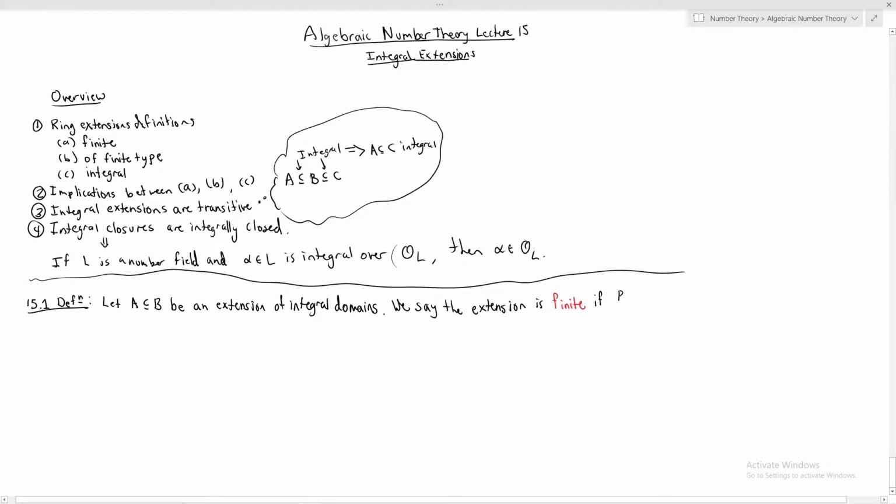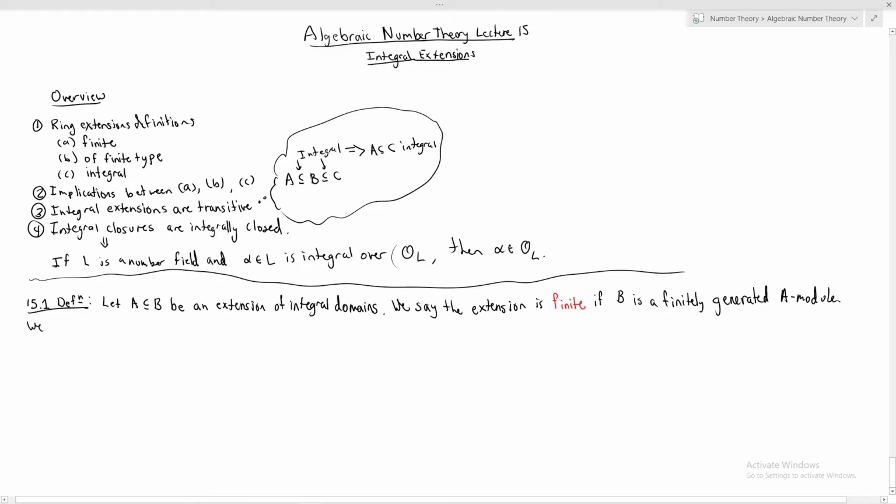If B is a finitely generated A module. So this inclusion of A into B gives B the structure of an A module, and if it has finitely many generators as an A module, then we say this extension is finite.